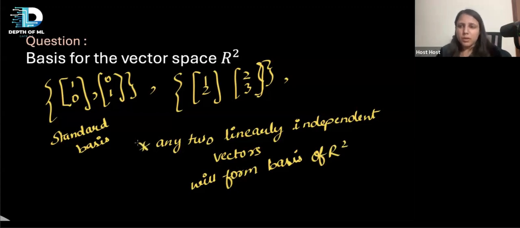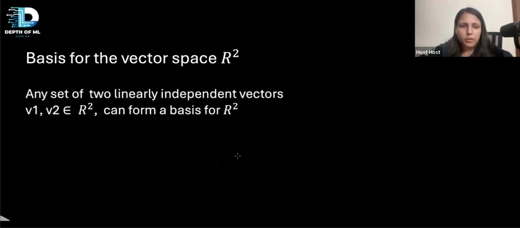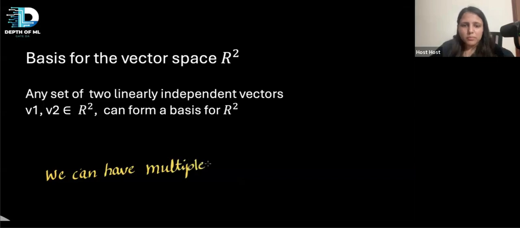Okay? Clear to everyone? Fine. Any set of two linearly independent vectors v1, v2 belonging to R2 can form a basis for R2. So we can have multiple bases for a vector space.